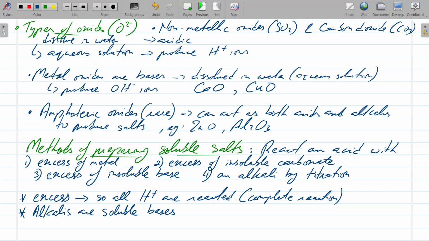And as you know, aqueous solutions of alkalis contain the hydroxide ion.